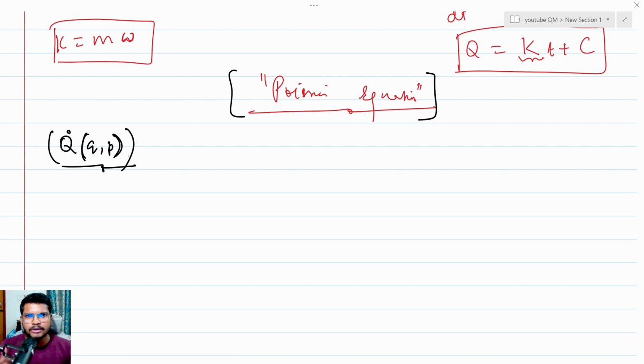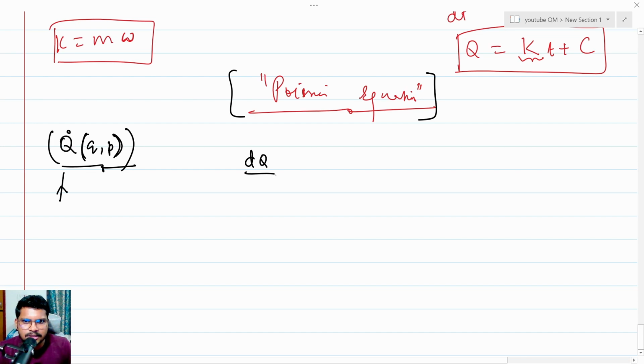Now, I am not going to go too deep into classical mechanics, which I will cover in the particular classical mechanics course, but let's say any quantity Q that depends on q and p. I write dQ by dt as del Q by del q times q dot, plus del Q by del p times p dot.